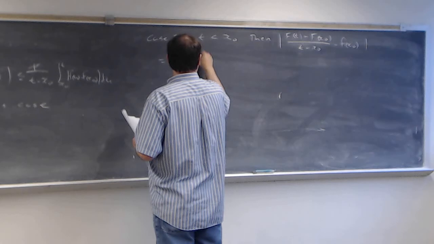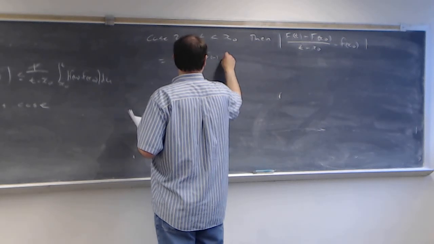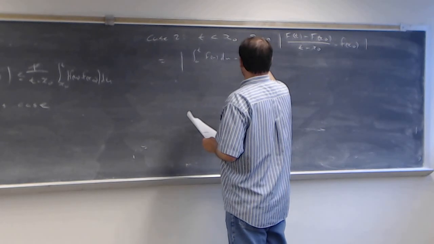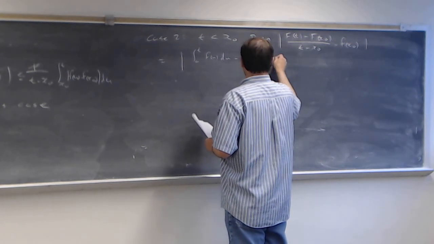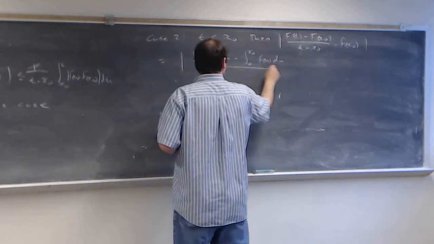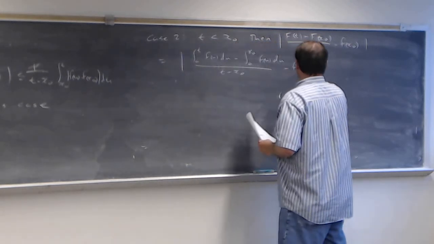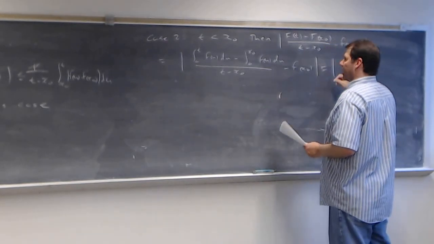This is an integral from a to t, as we had before, of f of u du minus the integral from a to x naught of f of u du, all over t minus x naught, minus little f of x naught. And here this is going to be equal to the absolute value.